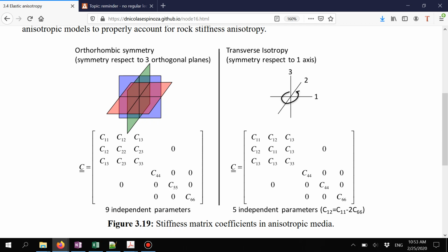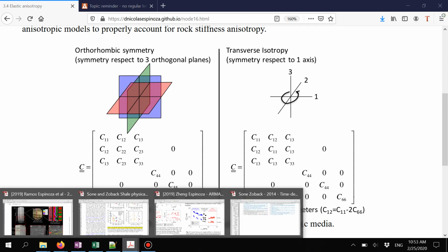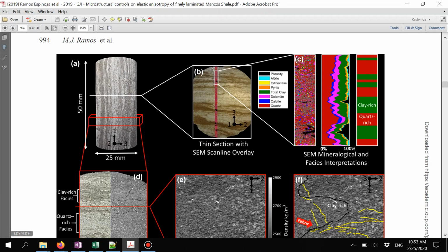And here I have one example. Let me pull it up. If we look at this figure here in the middle, number B, we see an example of a shale that has layers of sediments that corresponds to different types of sedimentation, and that layering induces anisotropy.